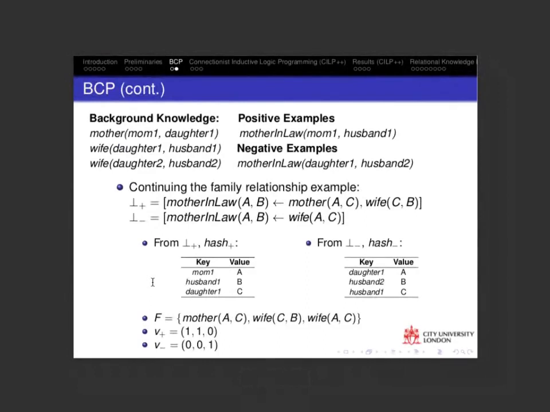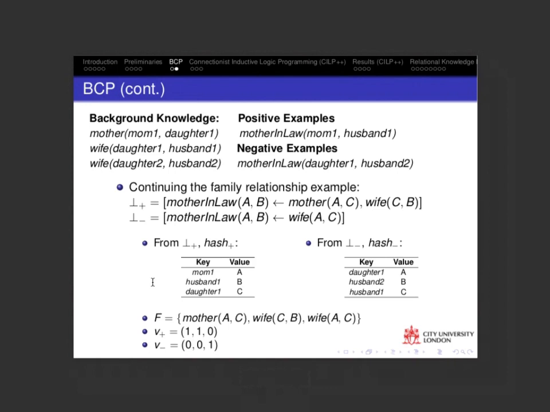So, given background knowledge, positive and negative examples, we can build such a set of bottom clauses, which are each associated with a hash table, associating the constants with those variables A, B, and C. And so we find out in this example that the features we want are mother, wife, and wife, and that for the first example, the values are 1, 1, 0 in the input with target output 1.